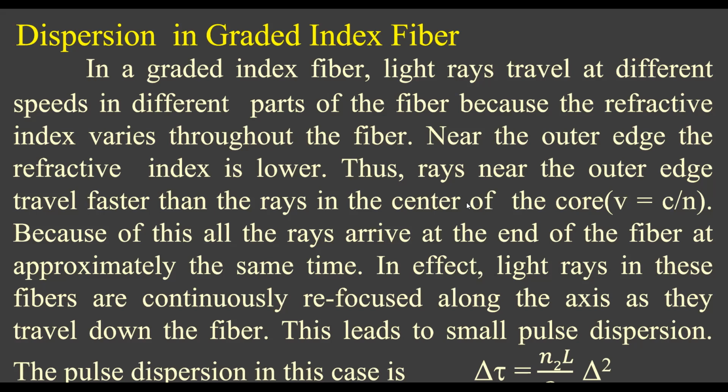In a graded index fiber, light rays travel at different speeds in different parts of the fiber because the refractive index varies throughout the fiber. The refractive index is not constant throughout the core of the optical fiber.